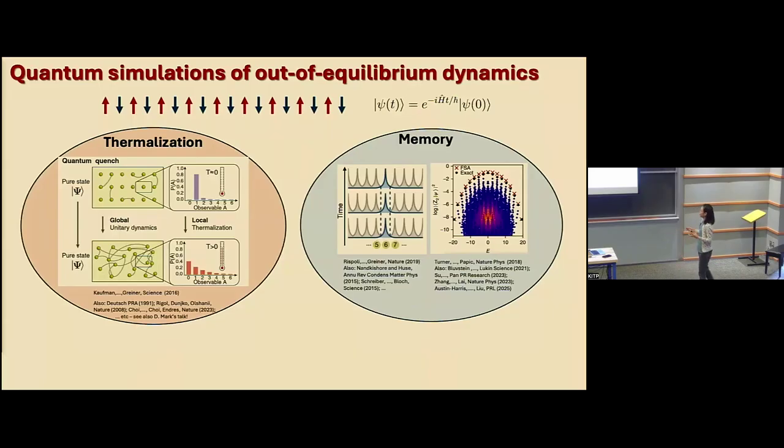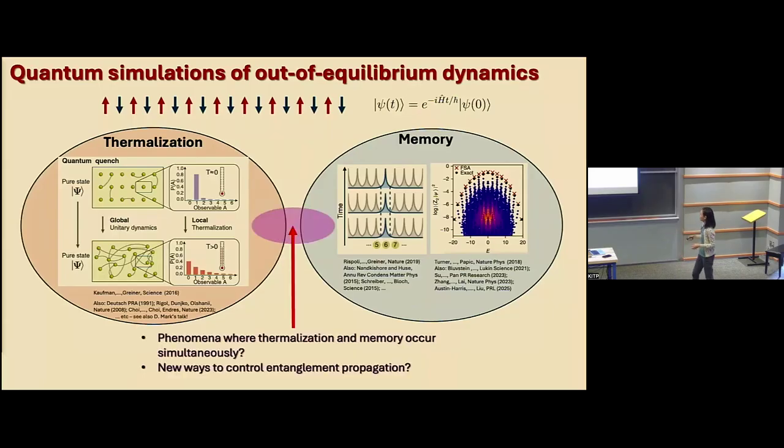Where you have scarring and many-body localization, those phenomena associated with memory are usually considered to be diametrically opposed to thermalization. And so the question we want to ask is: is there a phenomenon that you can observe where thermalization and memory can occur at the same time? It sounds a bit weird, very counterintuitive, but if you can access such a regime, that could be quite interesting, because thermalization is usually associated with rapid propagation of entanglement, and conversely memory is entanglement freezing.